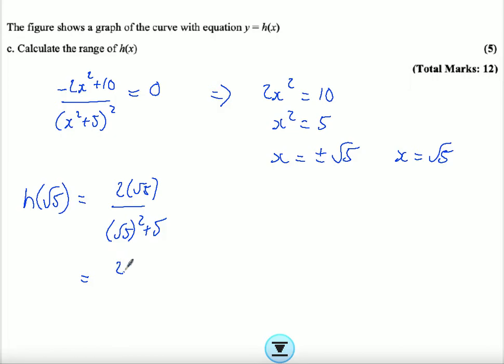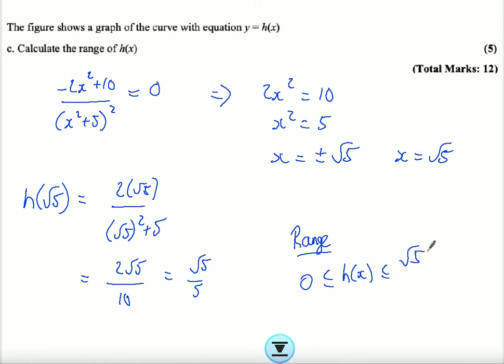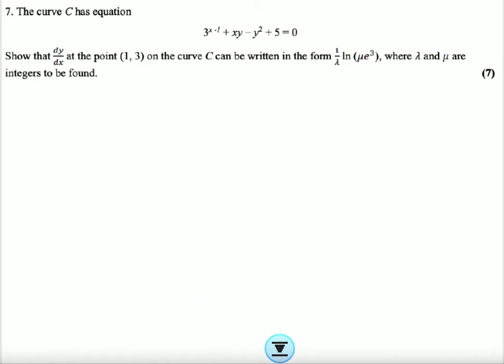So we get 2 root 5 over 10, which is root 5 over 5. So that's going to be the maximum value, the maximum point. So therefore we can say that the range is between 0 and root 5 over 5. Lovely.